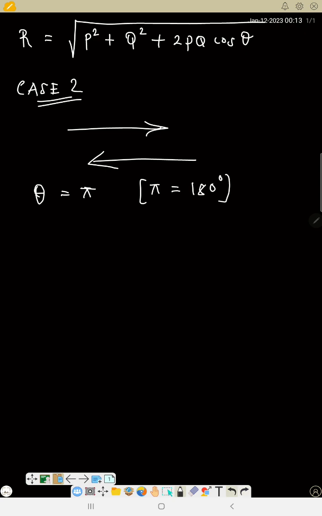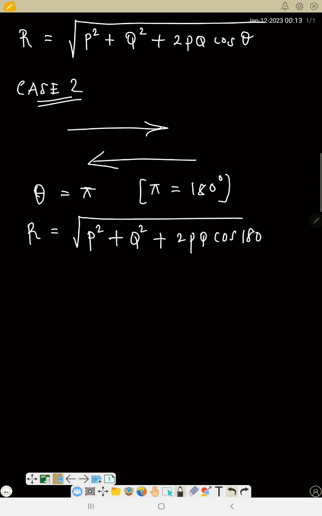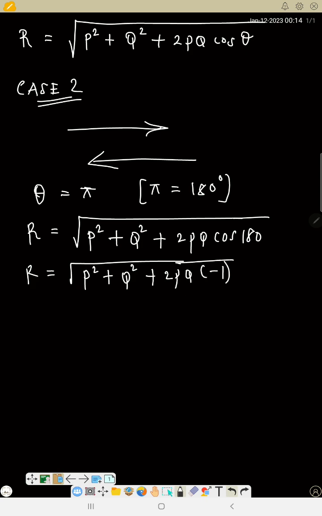So if pi is 180, then come to this place again. So r is equal to square root of p square plus q square plus 2pq cos 180. Cos 180 is minus 1. So r equals square root of p square plus q square plus 2pq in brackets minus 1.